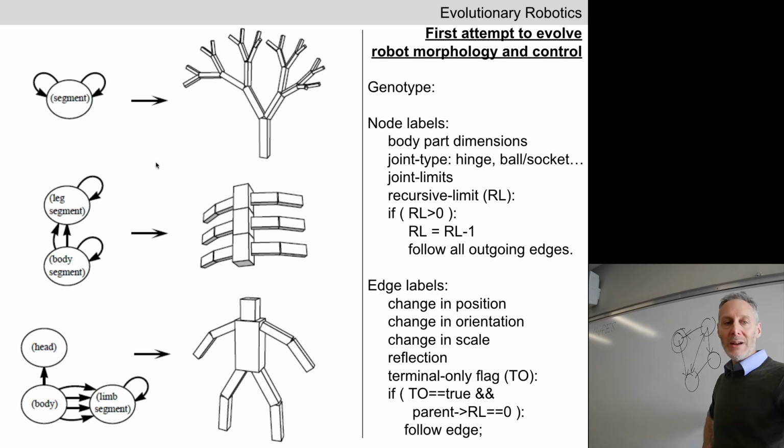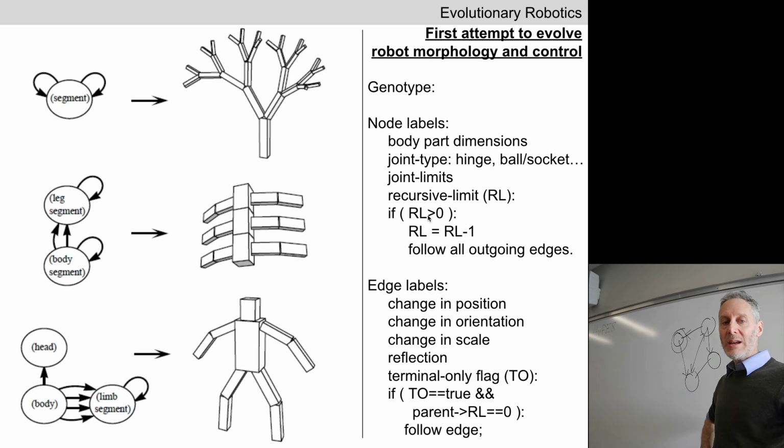What we're going to do is every time we build a piece and then leave a node, we're going to decrement the RL counter. So when we're here the first time, RL equals 5. We build this node, we follow the left edge, we decrease RL in here to 4. We come here, we build this piece, we leave this node again along the outgoing edge, we decrease RL to 3, to 2, to 1.